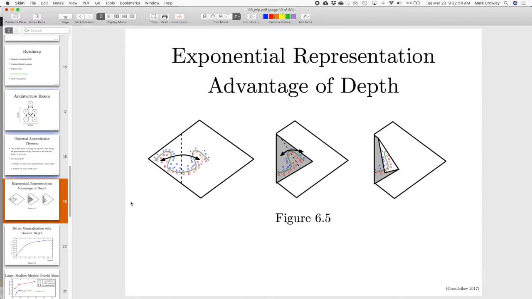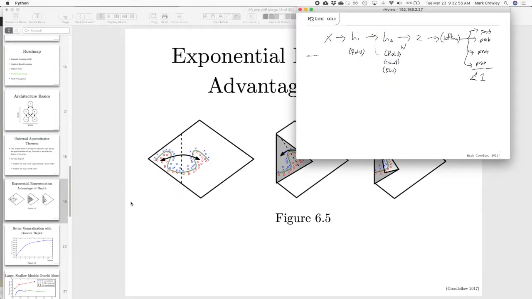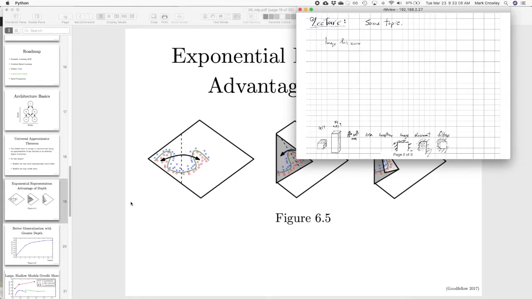What you basically do is, once you start adding more hidden units, right? So maybe here we've got 2 hidden units in our model, but maybe we're going to have more of them, right?